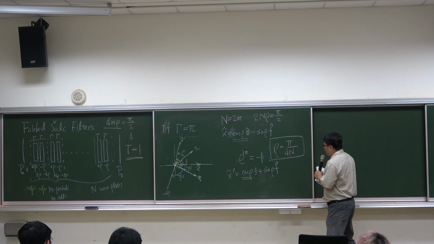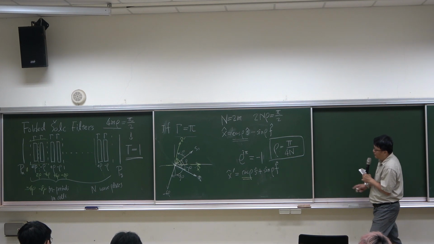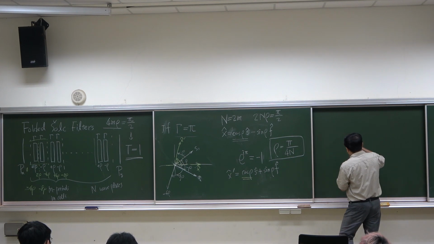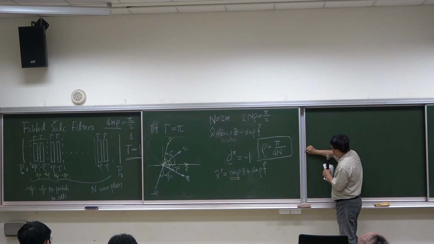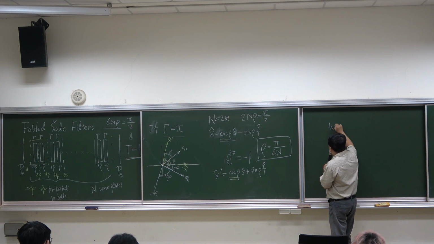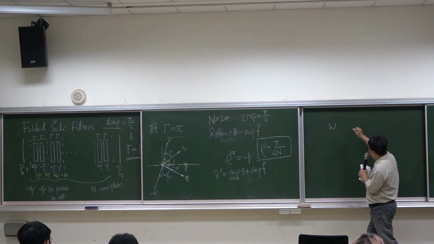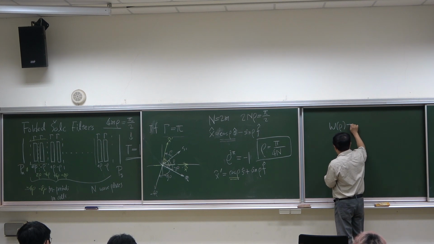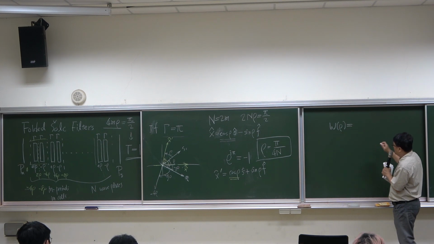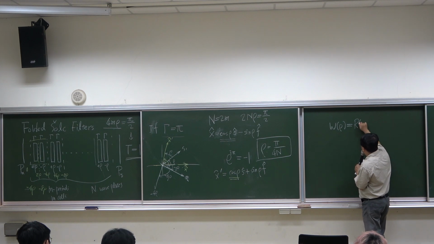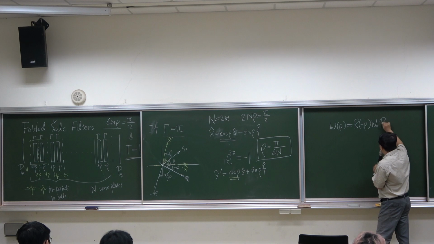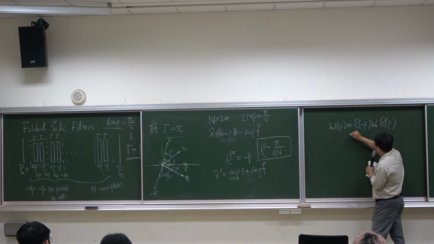Okay. So for one wave plate, for one period, we have W rho. Let me denote W rho as R minus rho times W0 times R rho.